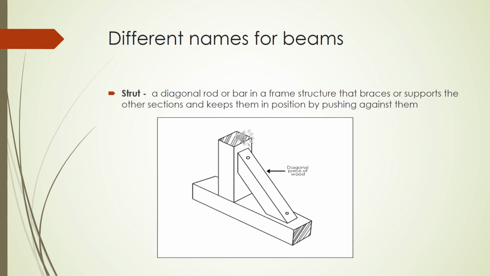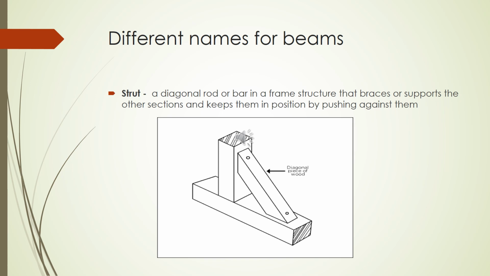The other beam that we have is a strut beam. A strut beam is a diagonal rod or bar in a frame structure that braces or supports the other sections and keeps them in position by pushing against them. So it pushes against them so that they stand in position. Learners, I guess you have seen this type of beam in most of the structures you came across.